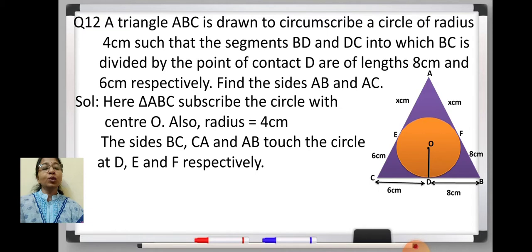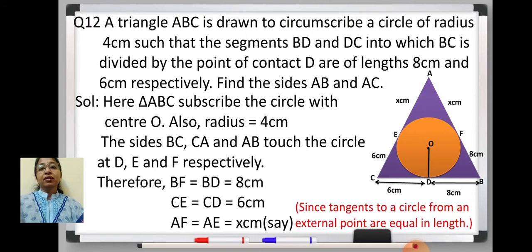And sides BC, CA and AB touch the circle at points D, E, F respectively. So therefore BF is equal to BD, CE is equal to CD and AF is equal to AE. What's the reason? Tangents to a circle from an external point are equal in length, right?